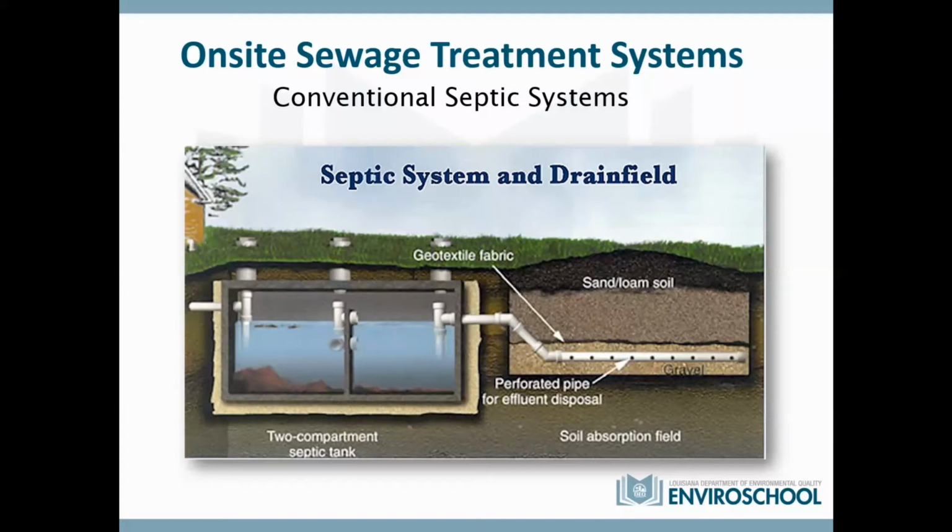And the idea is it will actually break down even further anaerobically in that soil and that gravel bed, and it should never discharge. These things are not supposed to discharge. If they do, something's going wrong. And again, these are the type of on-site sewage treatment systems that are preferred by the sanitary code.